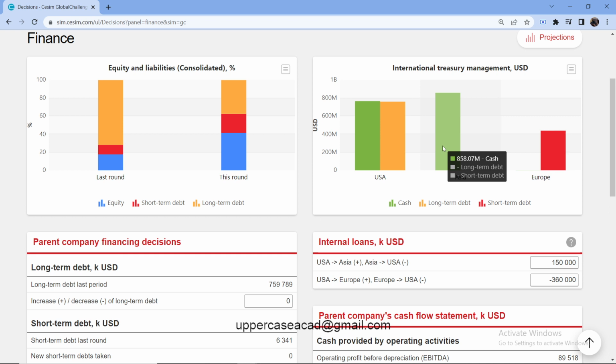My cash position in Asia is 858.7 million. So this is in terms of millions, which is why they normally put this 1,000 sign. Then my short-term position in Europe is 440.9 million.